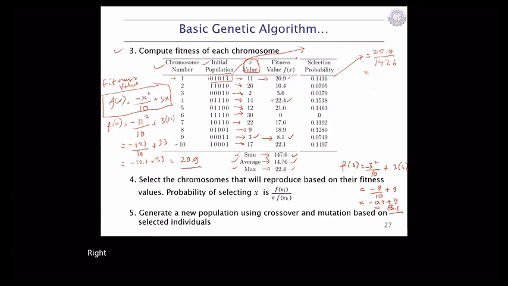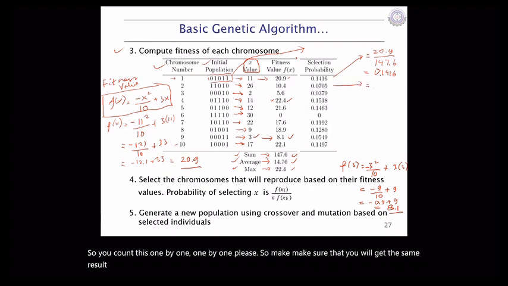Right, so please count this one, 20.9 divided by 147.6. Okay, so you will get this number, right? 0.14, we round to be 1.6. Actually 1.59 something. Right? So you count this one by one, please. Make sure that you will get the same result.